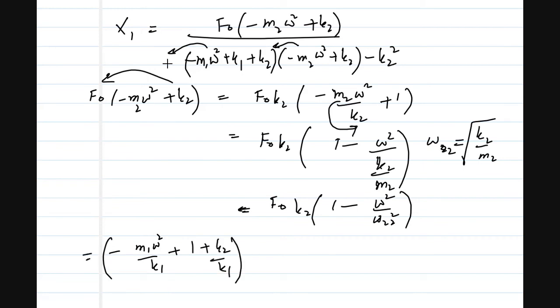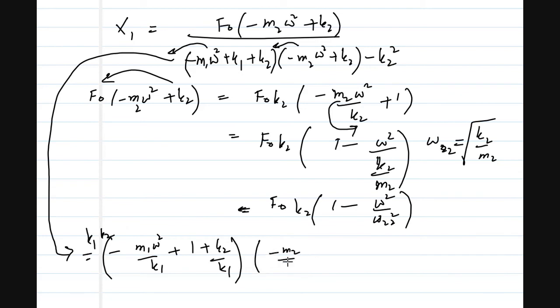I am solving this denominator now, into, this here becomes k1, and if I take k2 common from the second bracket, remember it's simple, minus m2 over k2 into omega square plus 1, minus k2 square.